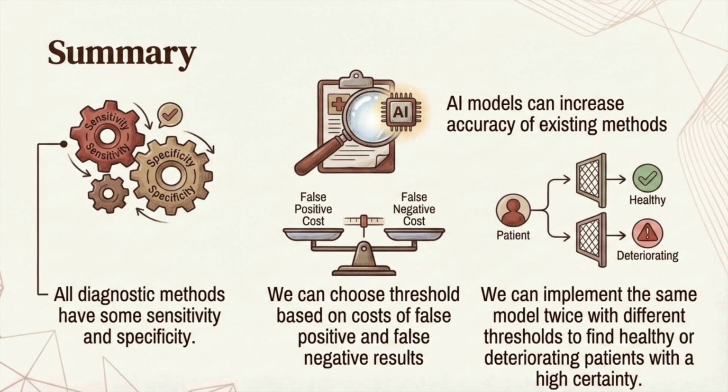So based on this purely economical or clinical workflow, we can define the right thresholds. And we can apply the same model with different thresholds to identify with very high certainty healthy patients and patients that require more of our attention. So that's another method that can help to apply AI in the real world.